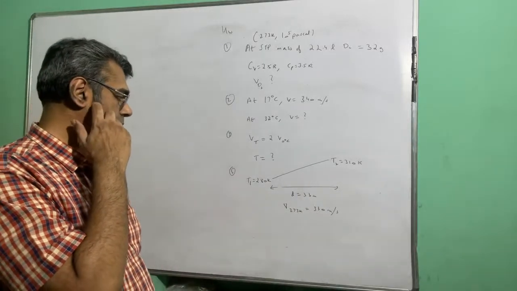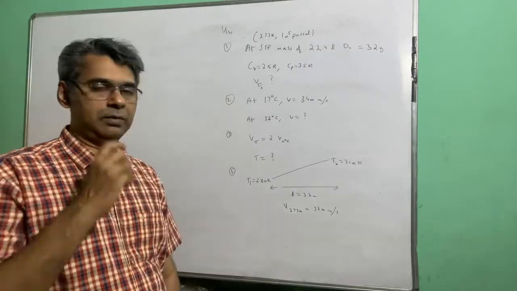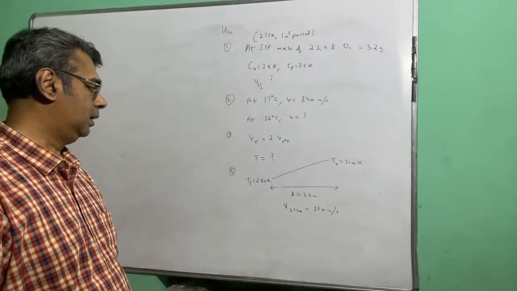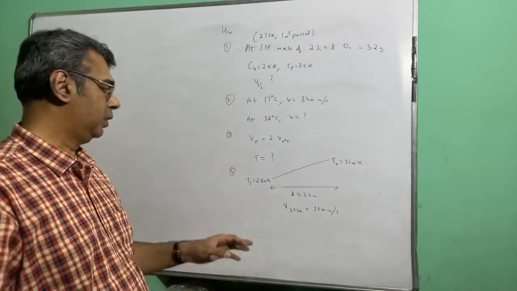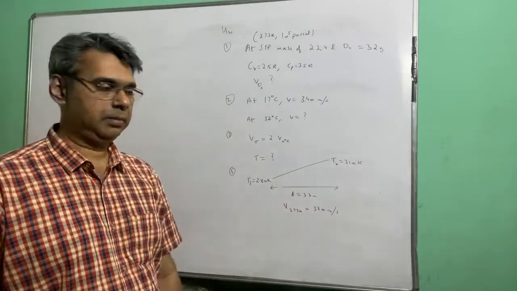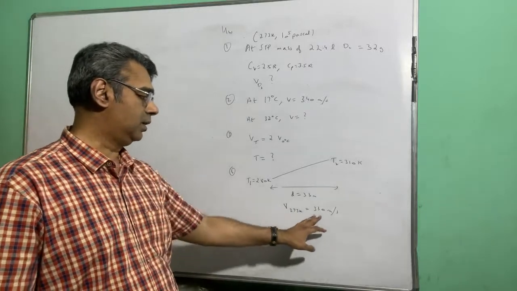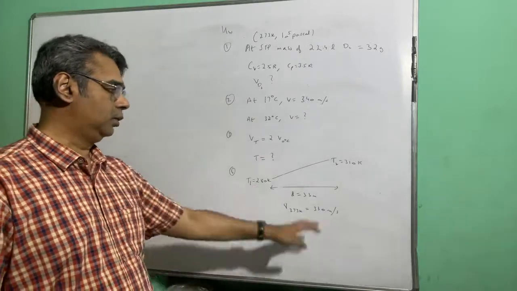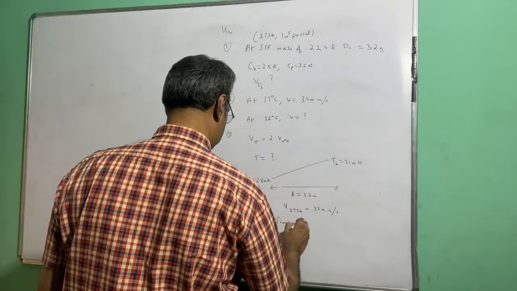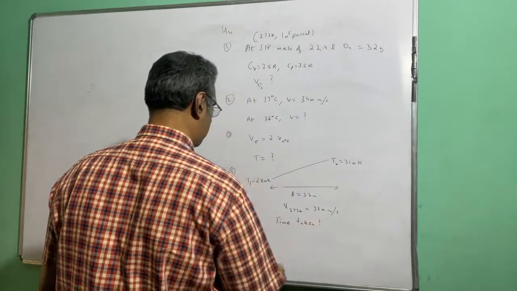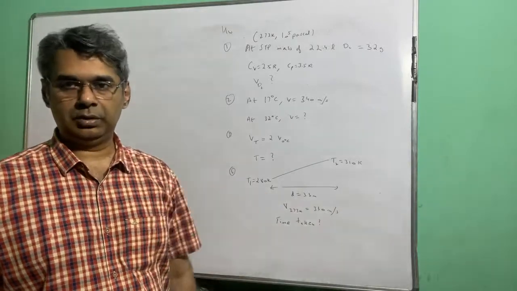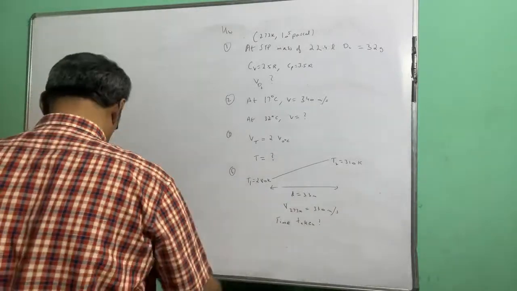It is given that speed of sound in air at 273 Kelvin is 330 meter per second. Using this data, you have to find the time taken, like how much time the sound will take to go from one end to the other. That is question number 4.